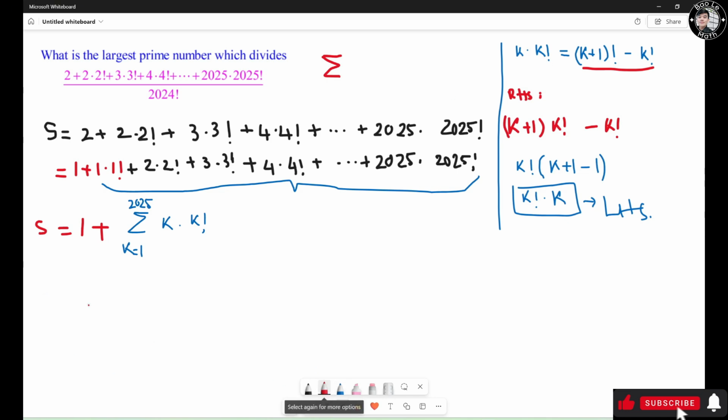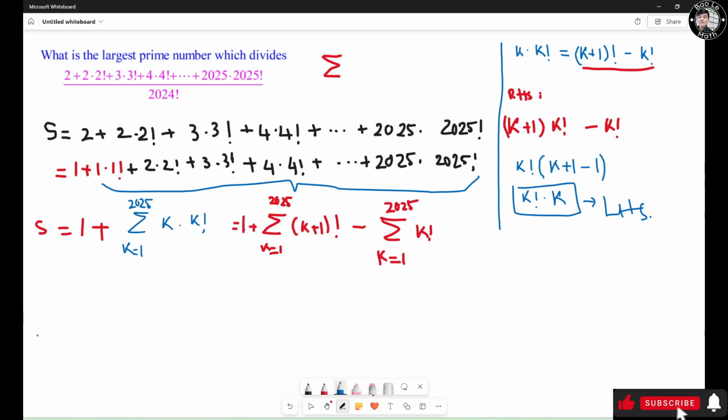So I just rewrite this as the sum of (k plus 1) factorial when k goes from 1 to 2025, minus the sum of k factorial when k goes from 1 to 2025.